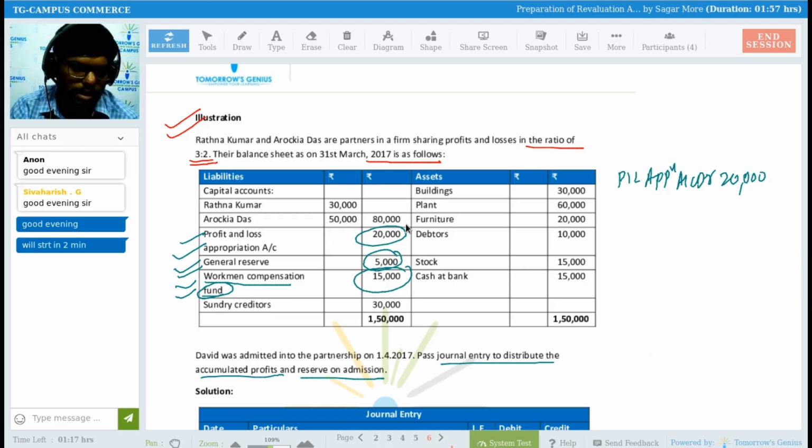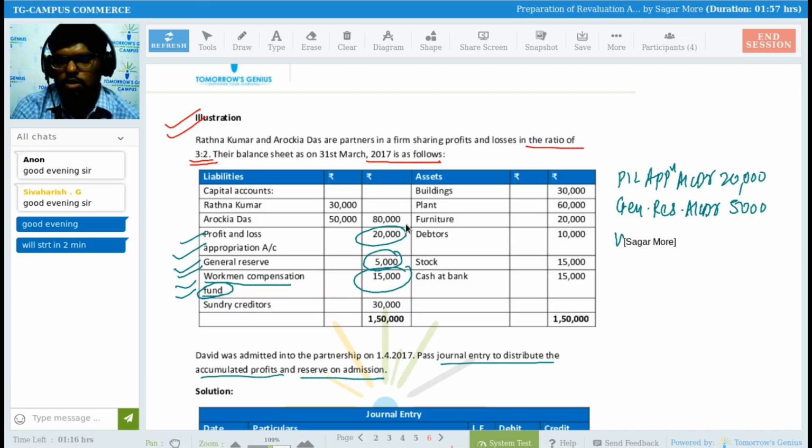Profit and loss appropriation account debit, general reserve account debit 5,000 rupees, workmen compensation fund account debit 15,000. And this total we can distribute now to the partners.